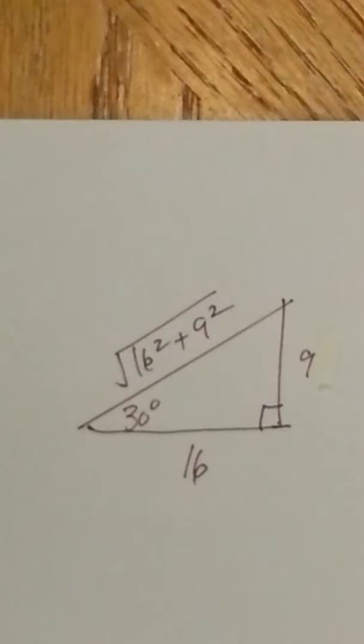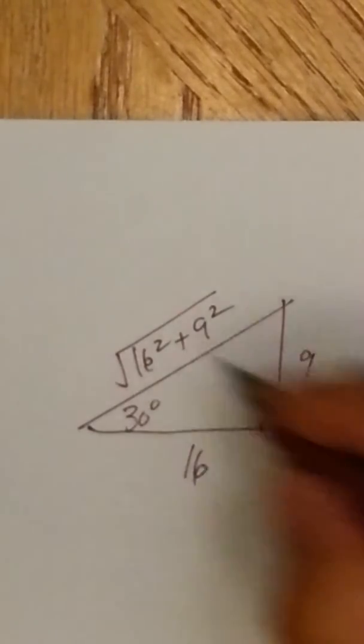So now let's go ahead and figure this out. And by the way, of course, this is the Pythagorean theorem, a squared plus b squared equals c squared, where I have 9 squared plus 16 squared equals c squared. I'm just basically taking the square root of both sides to find c. So let's take the square root of 16 squared plus 9 squared.